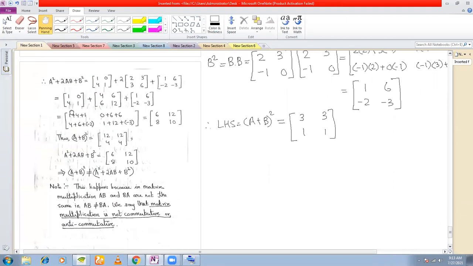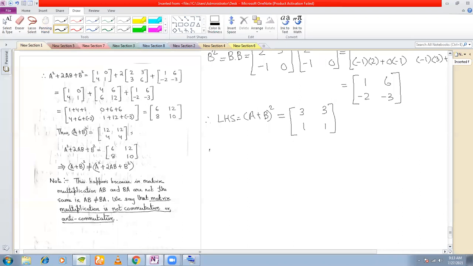Okay. Now we proceed to find out the right hand side. Right hand side is equal to A square plus AB plus B square. For the values, A square we have found out as 1, 0, 4, 1. AB we found it as, okay, twice AB.